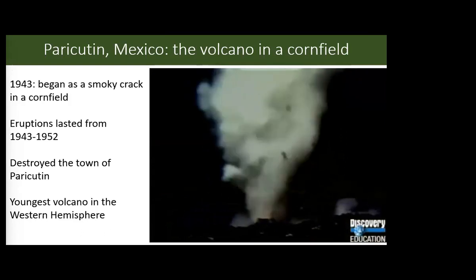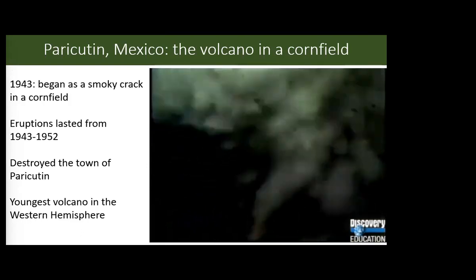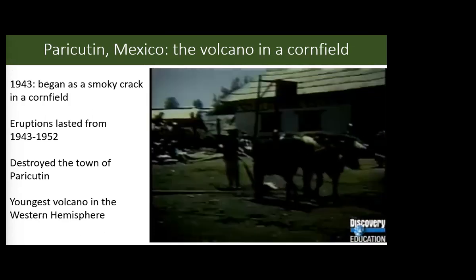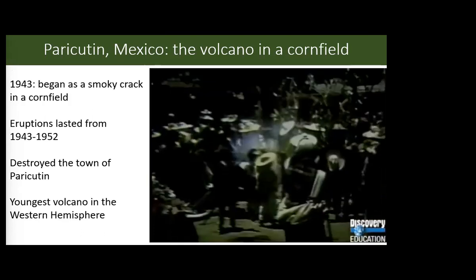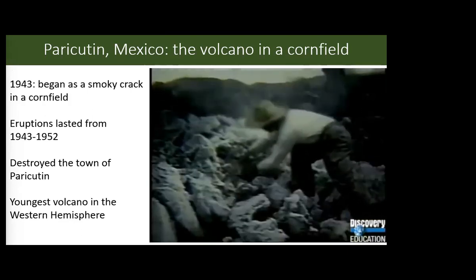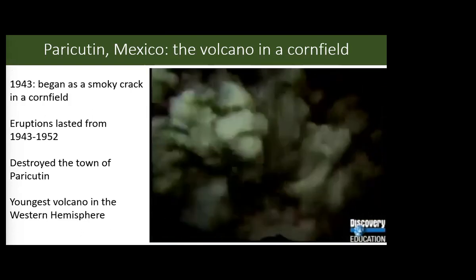This is a very big corn agricultural area in Mexico. And in 1943, there was just this smoking crack in this cornfield. Nobody really thought anything of it. They were concerned about it because they didn't want any fires to ruin their corn yield.